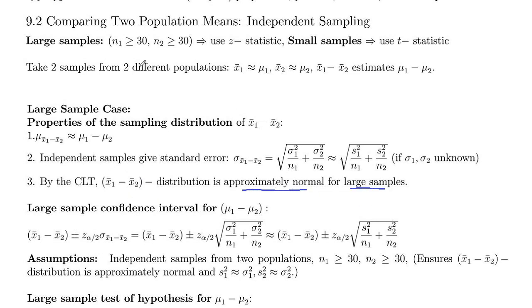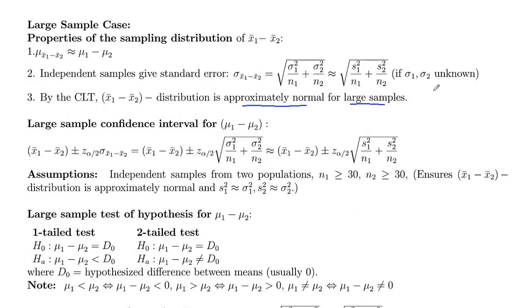Again, large samples here mean that both sample sizes are at least 30. If that's the case, then our large sample confidence interval for the difference of two means, mean 1 minus mean 2, is going to be your point estimate, x1 bar minus x2 bar, plus or minus a z value times the standard deviation of the sampling distribution.